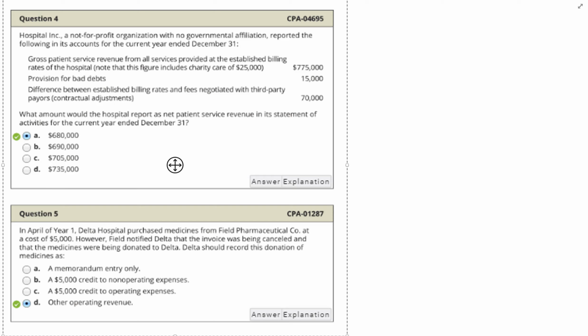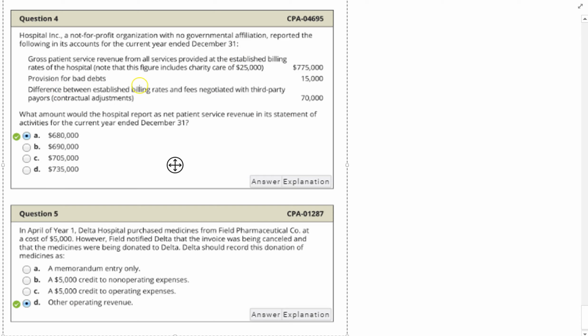Now we will do one CPA question which is related to healthcare entities. If you remember from last week's chapter 18, the last portion of the lecture, you learned examples and a few journal entries related to healthcare entities. So here, a Hospital Inc. is a not-for-profit organization, and there are no governmental affiliations, and they reported the following items in its accounts for the current year ended December 31st.